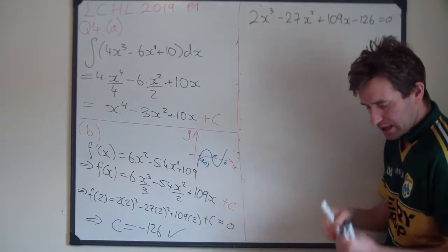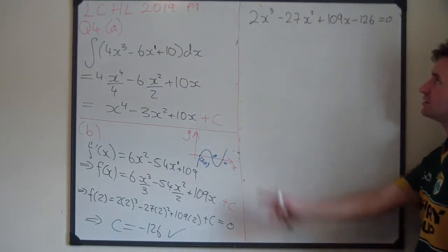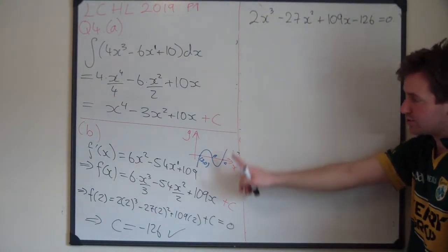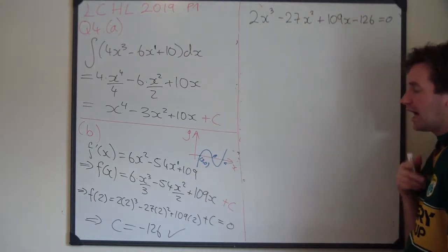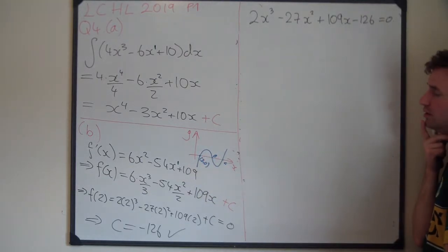Okay. And as we said, x cubed has 3 solutions, 1, 2, 3, and so we have one of them.